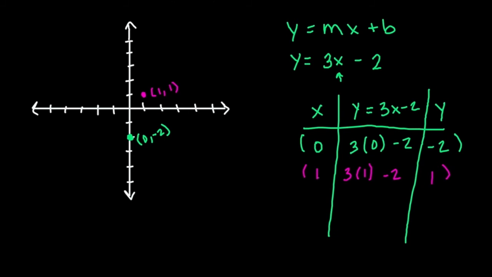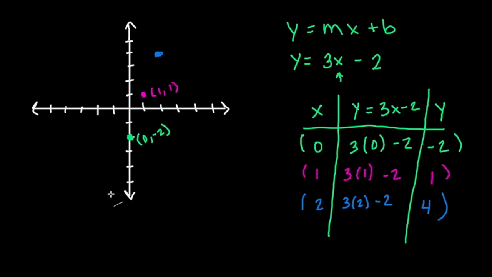And let's just do one more for fun. Like I said, we only need 2 points, but the more the better. So let's choose 2. 3 times 2, minus 2. 3 times 2 is 6, minus 2 gives me 4. And that is my ordered pair, 2, 4. My x is 2 here, and my y is 4, 1, 2, 3, 4. So I'm going to put a point right there.